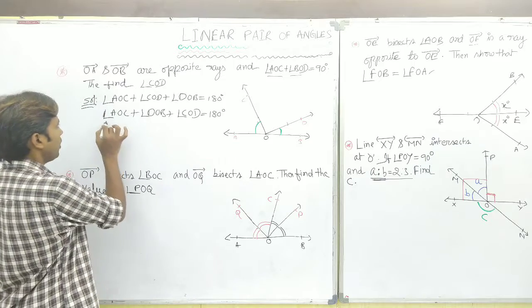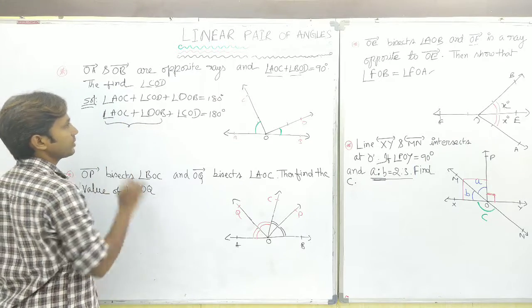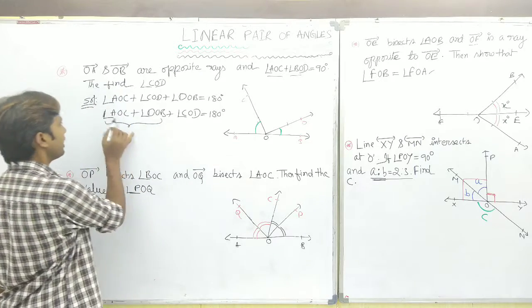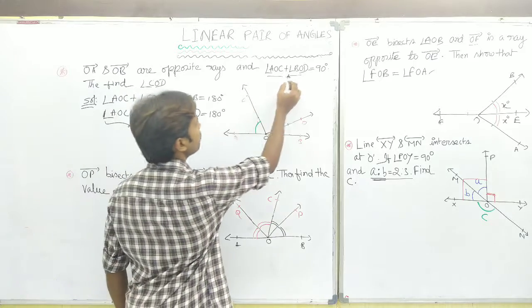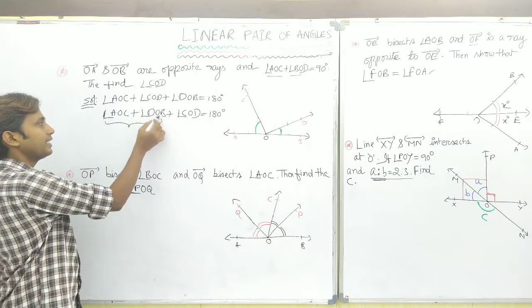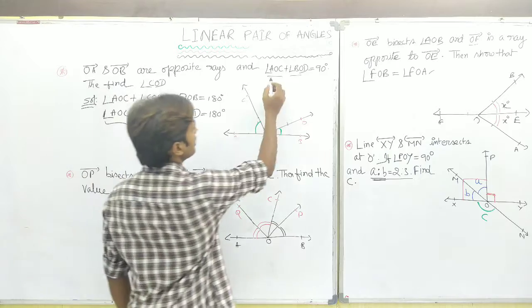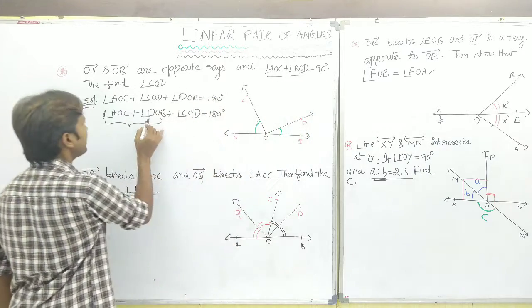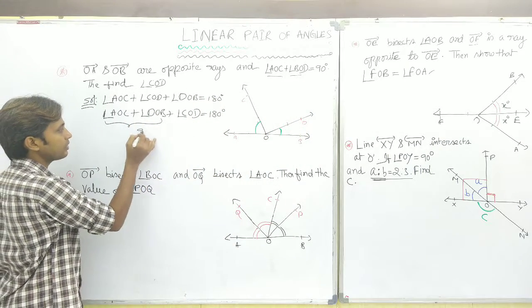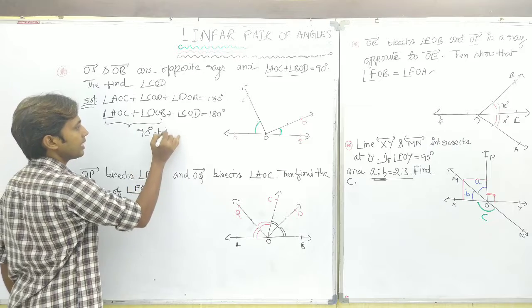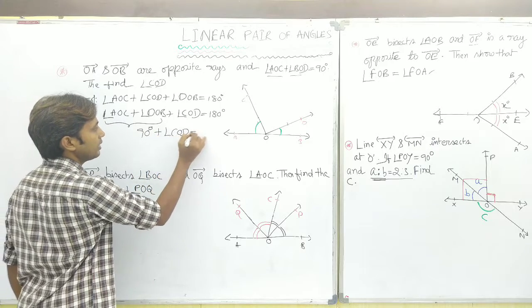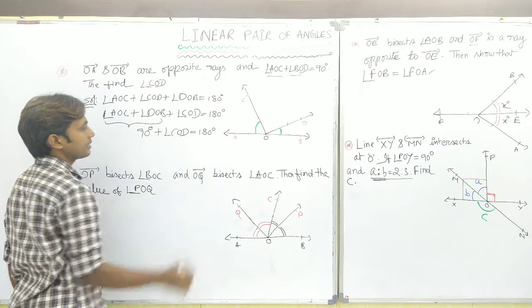Now tell me, what is the value of this together? That is angle AOC plus angle DOB. DOB means BOD itself, no? We can write this as BOD or DOB, it gives the same meaning. So here these two sum will be equal to 90 degrees. So can we put 90 degrees here? This is 90 plus angle COD equals 180 degrees.